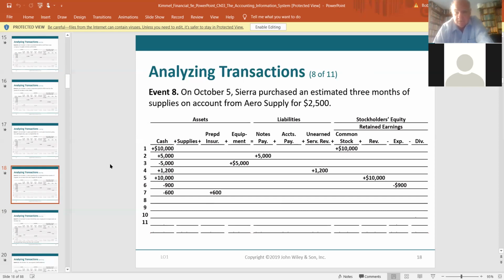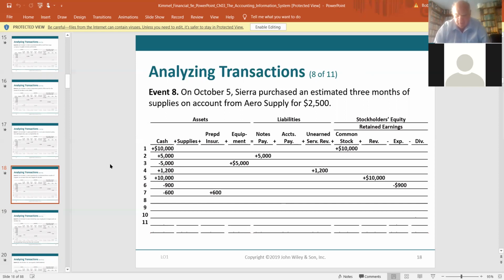On October 5th, Sierra purchased an estimated 3 months of supplies. This is the same thing. This is going to be prepaid supplies, or as they call it, supplies. Cash goes down. Oh, it's on account. You see where it says the words on account, Liba? Whenever you see those two words, on account, it means on account of nobody had money.